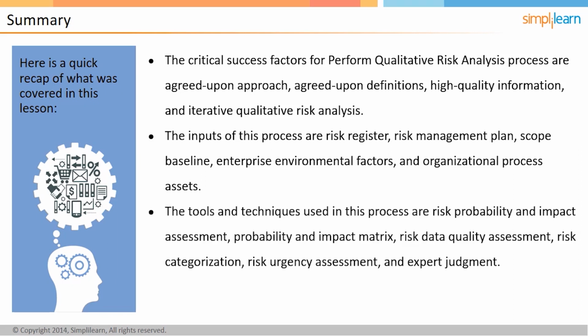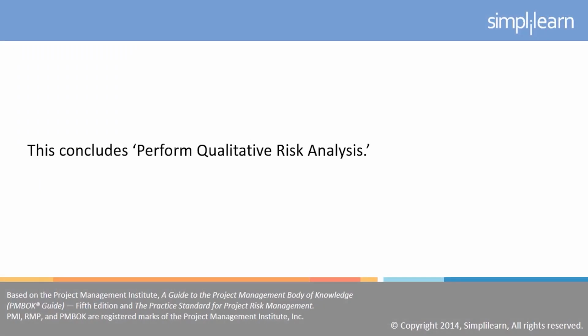The tools and techniques used in this process are Risk Probability and Impact Assessment, Probability and Impact Matrix, Risk Data Quality Assessment, Risk Categorization, Risk Urgency Assessment, and Expert Judgment. The output of this process is Project Documents Updates. This concludes the Perform Qualitative Risk Analysis.